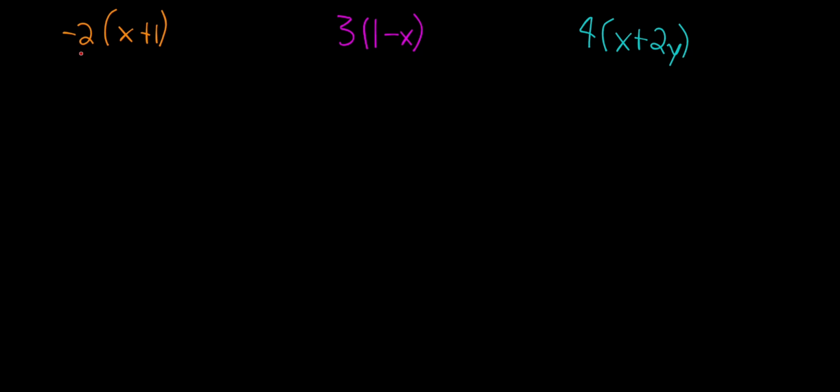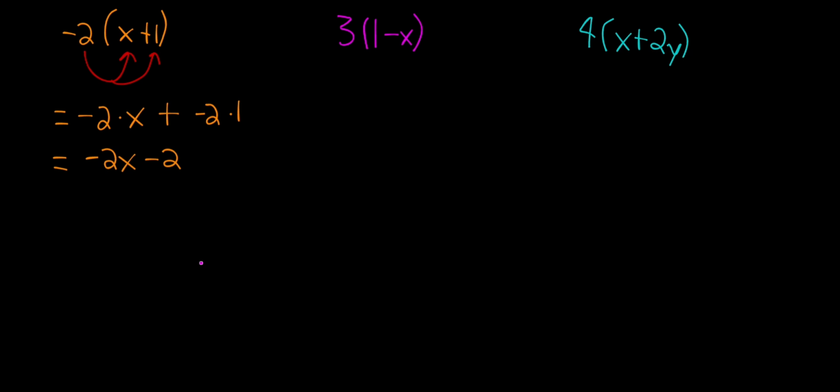So I'm going to distribute that, which here is going to give me negative 2 times x plus negative 2 times 1, or negative 2x minus 2. So similar to one of the previous examples that we got, except in this case, everything is negative just because we multiplied through by a fully negative number.